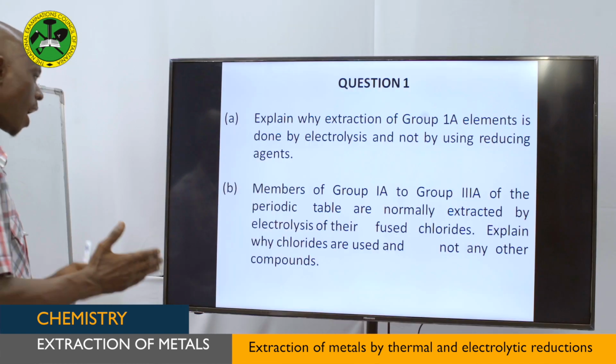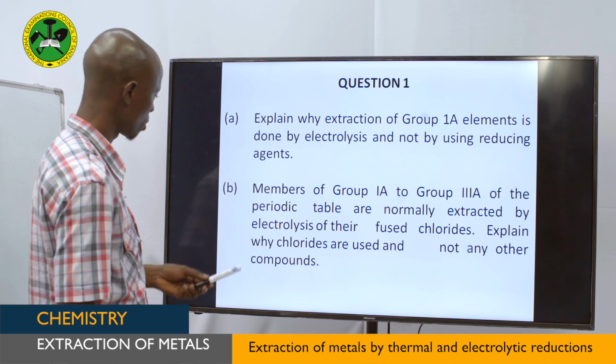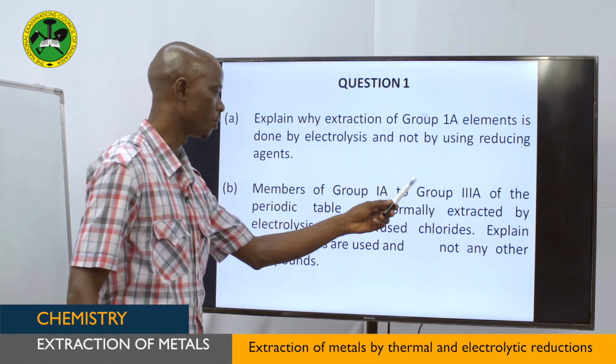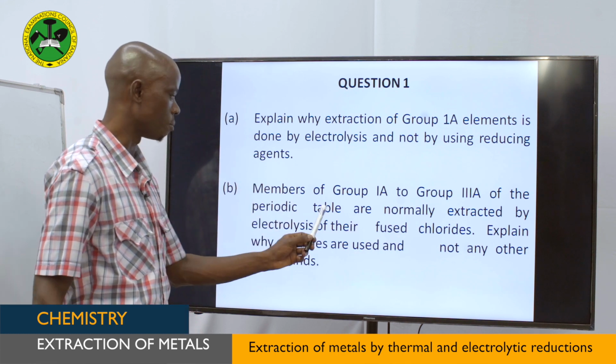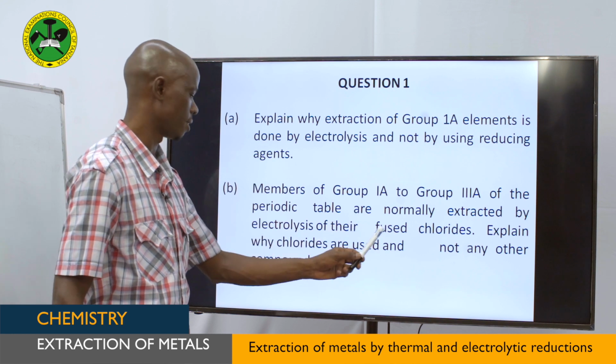We can go to question number 1B so that we can see how another form of the question can be. Just look here. Members of group 1A to group 3A of the periodic table are normally extracted by electrolysis of their fused chlorides.